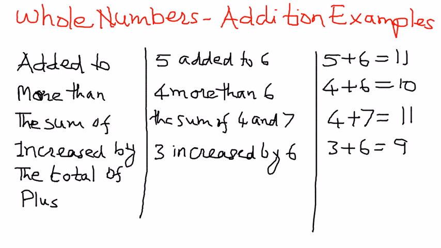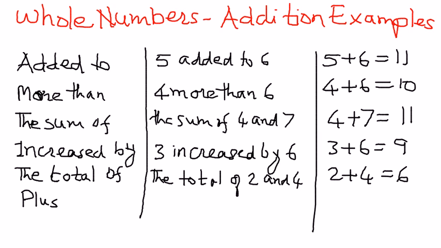And the total of also means the sum. So let us take an example on that. The total of 2 and 4, this means addition as well. 2 plus 4 is equal to 6.